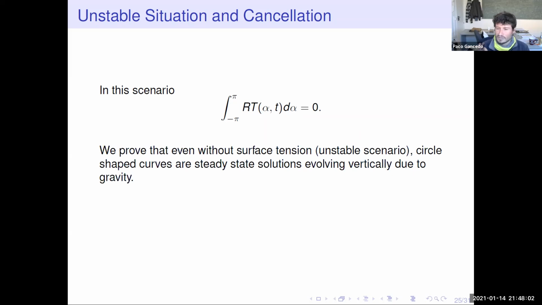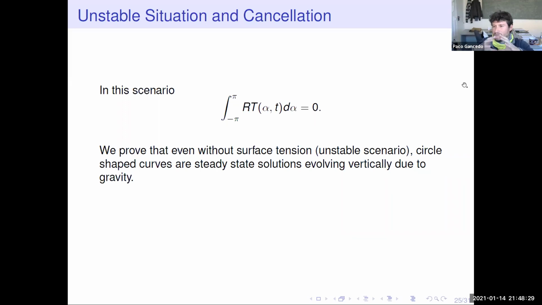So this is a steady solution, completely unstable. If without surface tension we modify the solutions a little bit, this is completely ill-posed, okay? But the circle is a solution here, even without surface tension, okay? And this solution, you see the solution moving up with gravity.